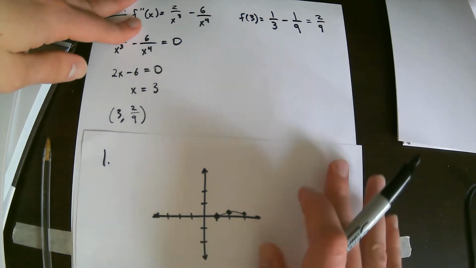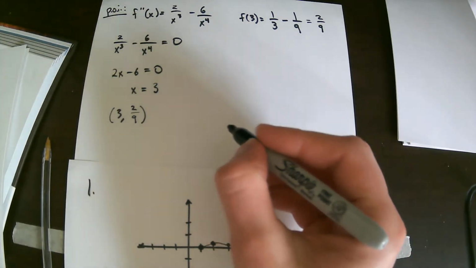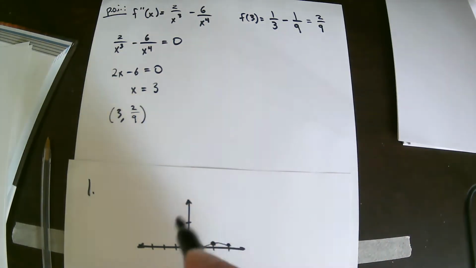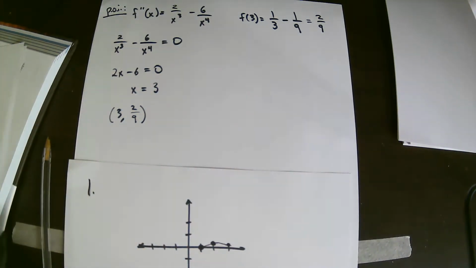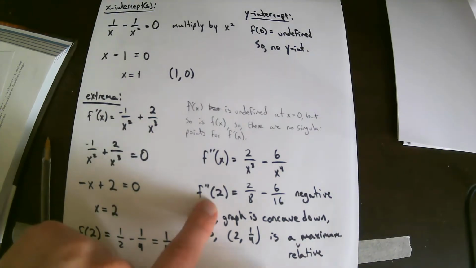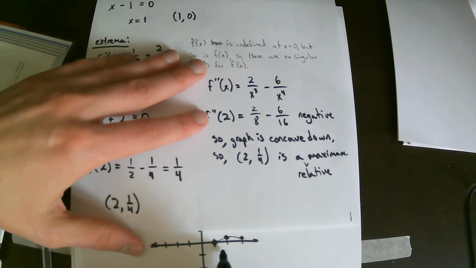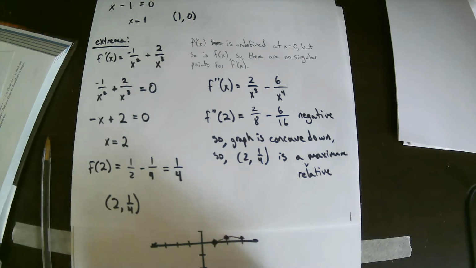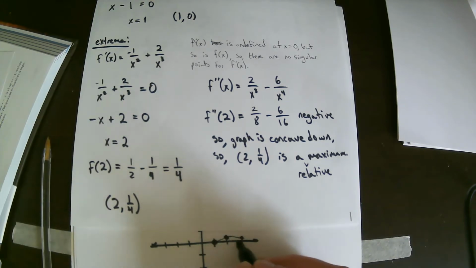So, on the left, we already know at an x value of 2 that the graph is concave down. So we already know it's curved down there.